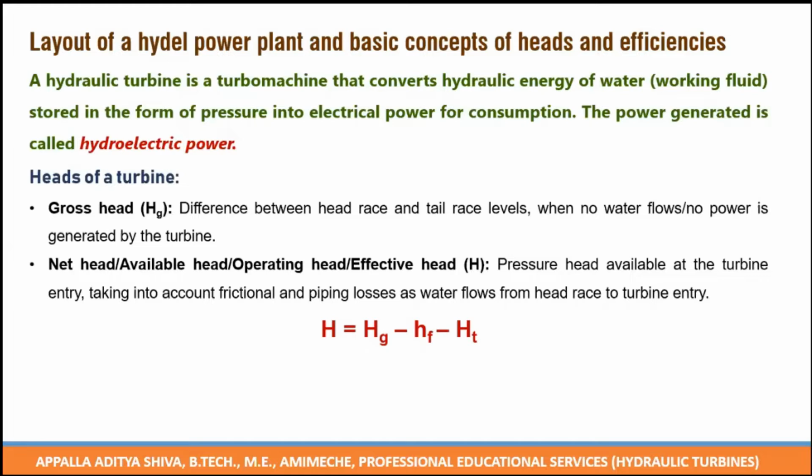So after all the losses are subtracted from the available gross head, we will have net head. You must remember that all the calculations, power and energy calculations for a particular turbine design are done on the basis of net head only.